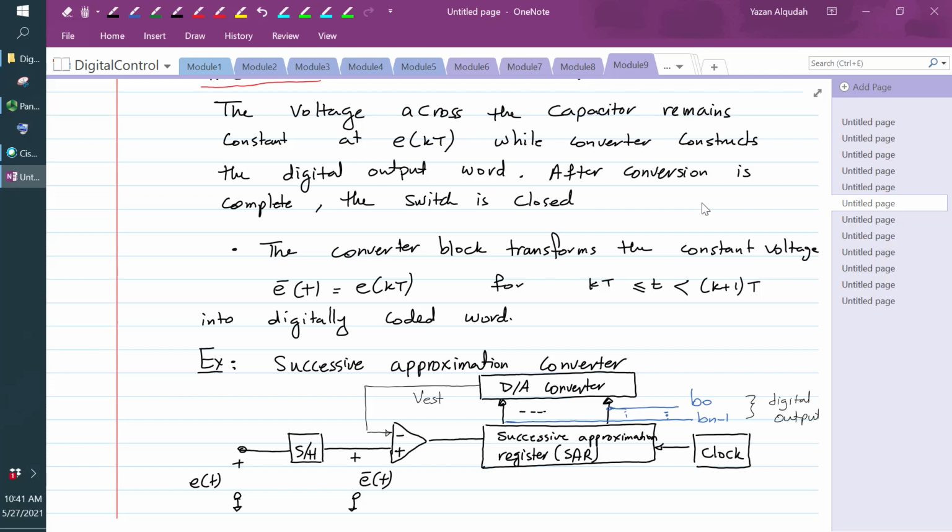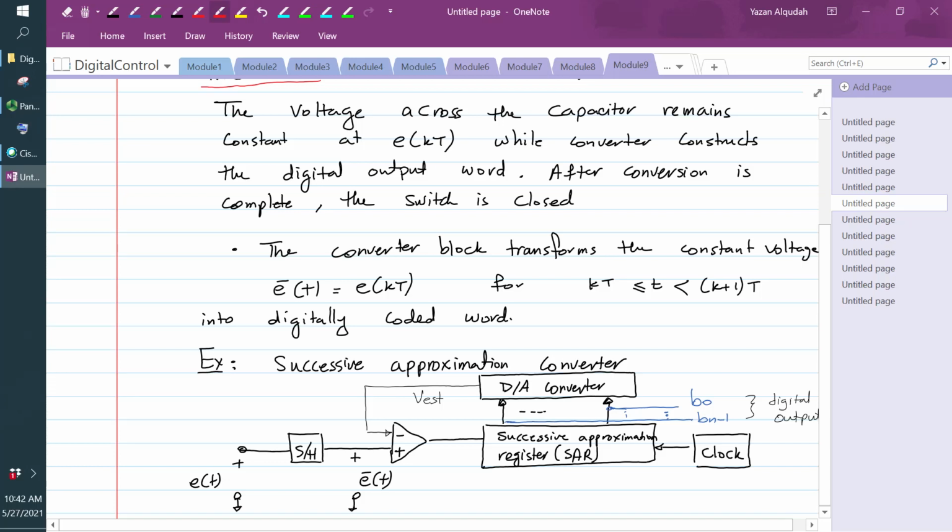And the way this works, one of the circuits to do the converter is the successive approximation converter. So if I look here at this circuit, I have the successive approximation register, I have a clock, I have a digital output, I have a digital to analog converter, and I have an estimate of the voltage.